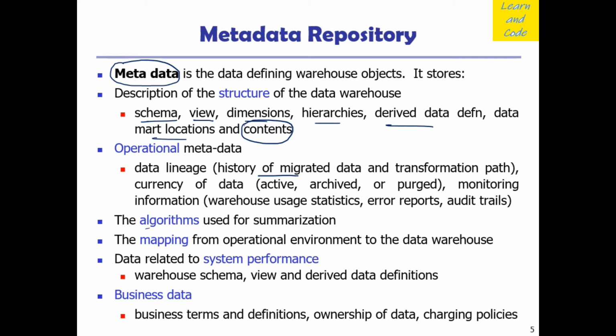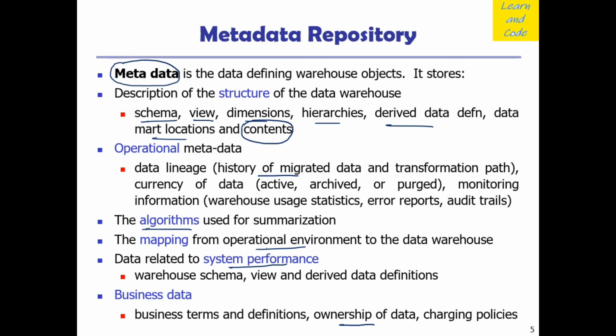What algorithms we are using, how we have done the data cleaning, how we are transforming the data, how we are summarizing it, how we have mapped the data from the operational databases to the data warehouse, how we are measuring performance, and what the different performance metrics are. Also the ownership of the data and policies.